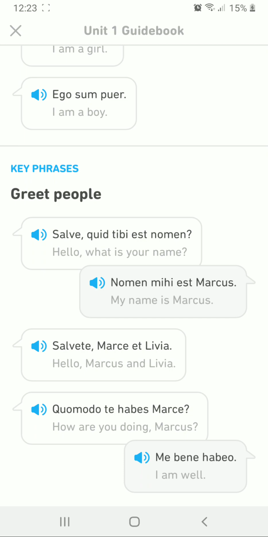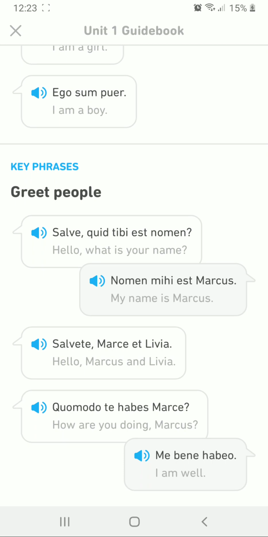Just like in many languages that have cases, it's inflected according to its function in the sentence. So quomodo te habes Marce? Me bene habeo. So I am well.